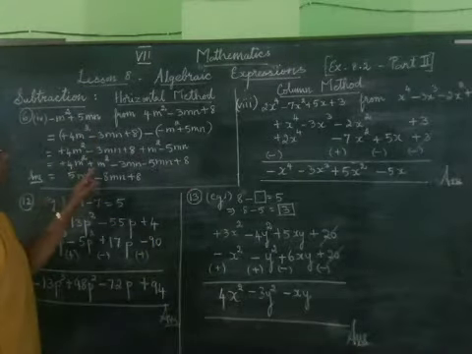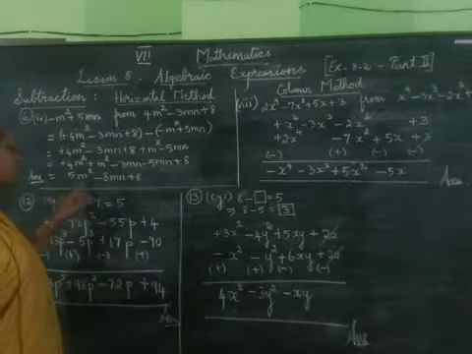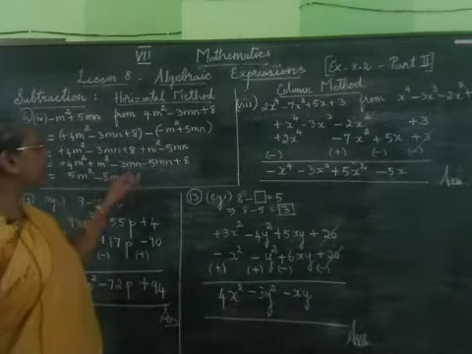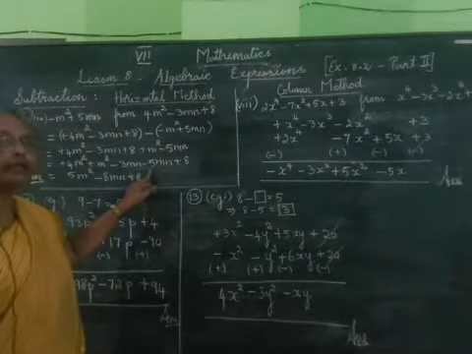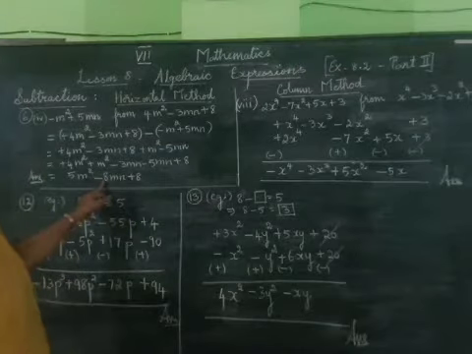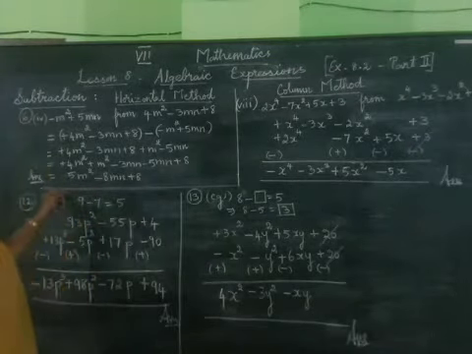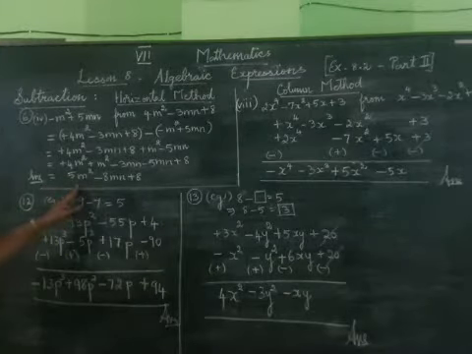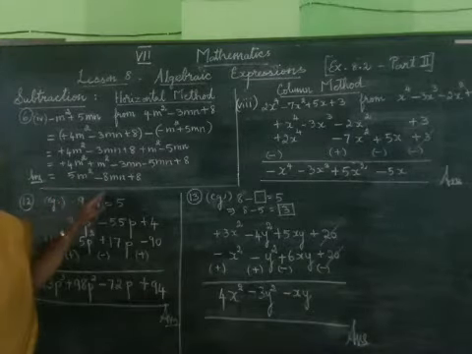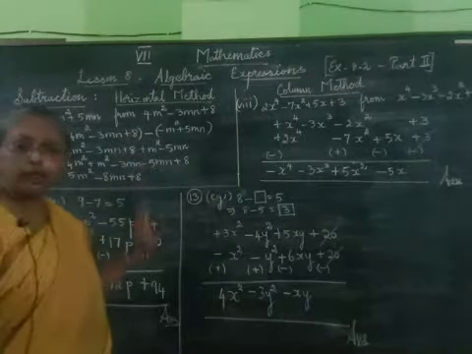Then 4m squared plus 1m squared, 4 plus 1 is 5. So 5m squared, then minus 3 minus 5. When put together, both are same sign, add and put the same sign, that is minus 8mn. Then plus 8. So the final answer will be 5m squared minus 8mn plus 8. Now this I have done in the horizontal method.